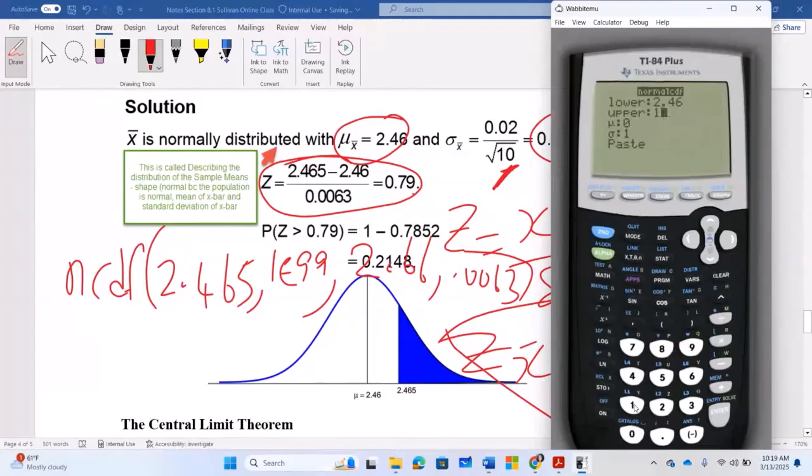That's positive infinity, 1e to the power 99. And the mean of this data is 2.46. And the standard deviation of this data is 0.0063. So I'm going to calculate.